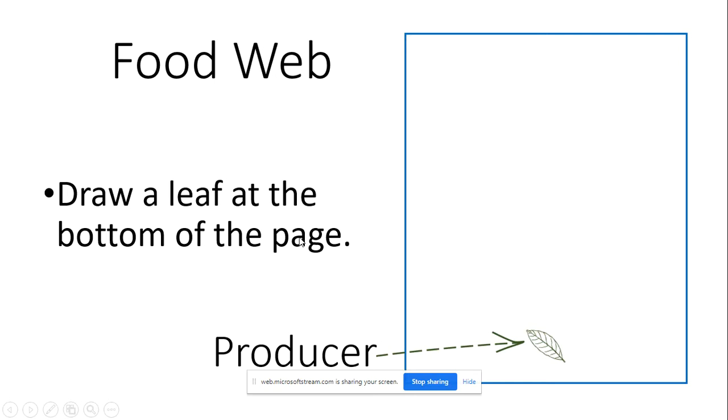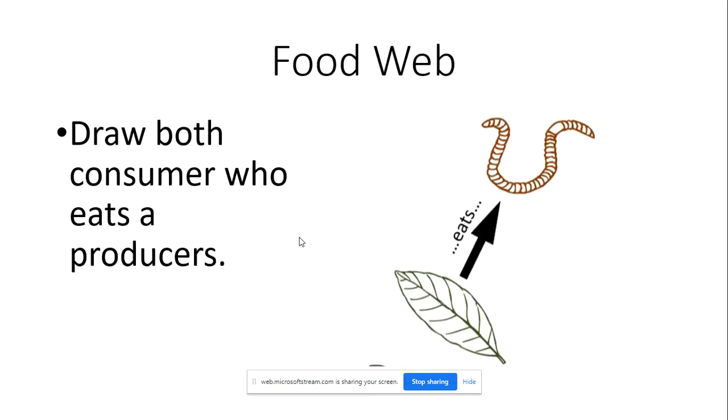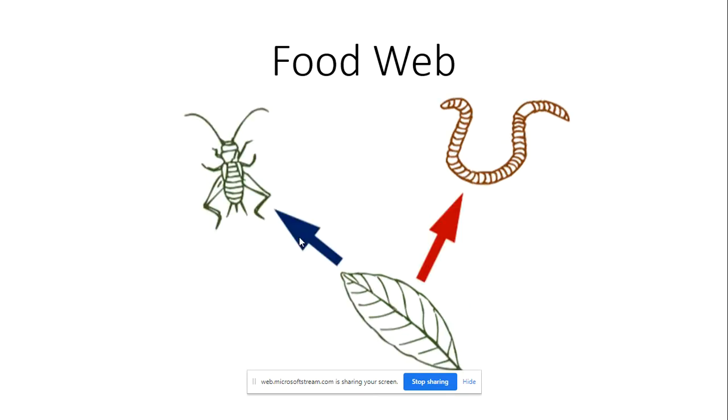Again, we start off with our producer at the bottom. Now we're drawing both consumers that eat producers. We have a worm, and this is what it's going to look like. You're going to have 2 arrows going from the leaf. This is starting off your food web. We already have the food chains we've seen before, those 4 food chains.